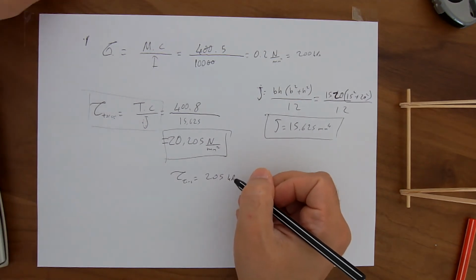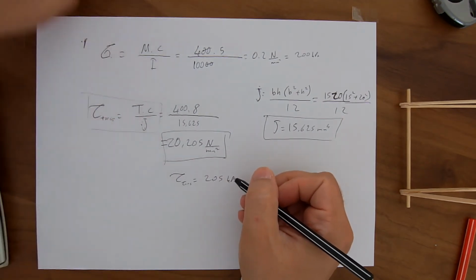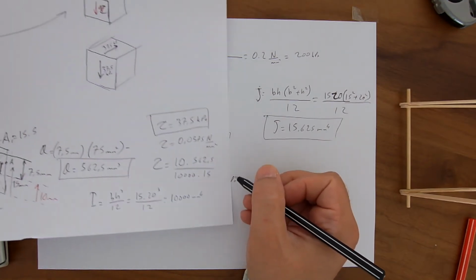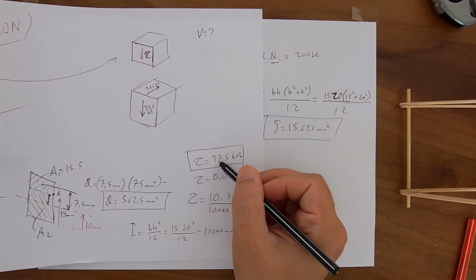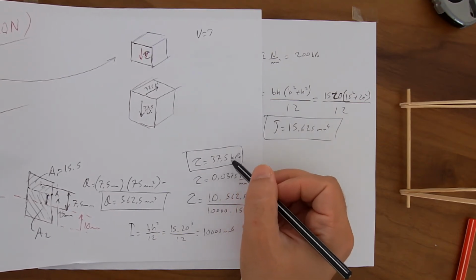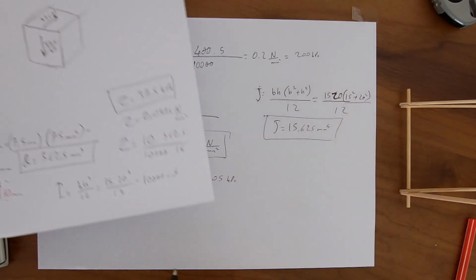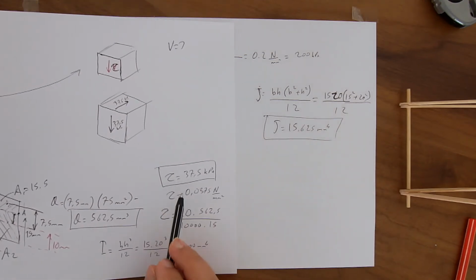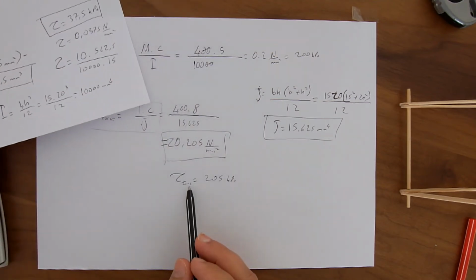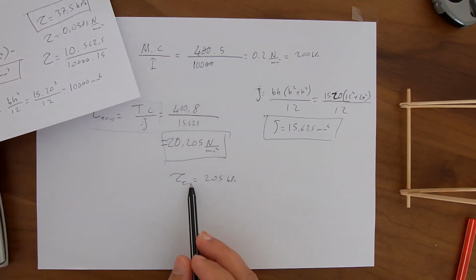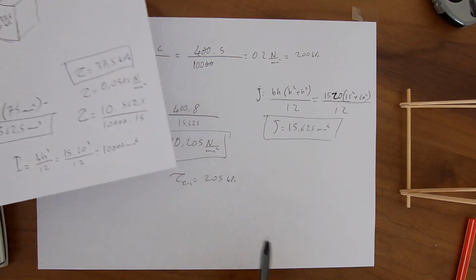So what were the other stresses? From shear stress we obtained 37.5 kilopascal. This is shear stress due to shear load. Torsional shear stress is 205 kilopascal.